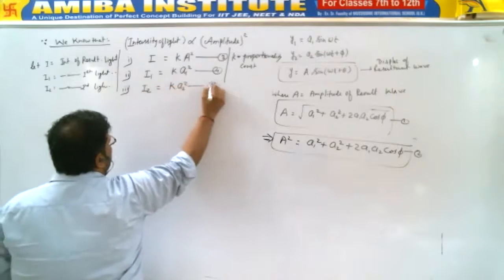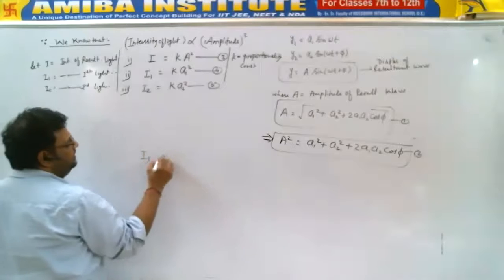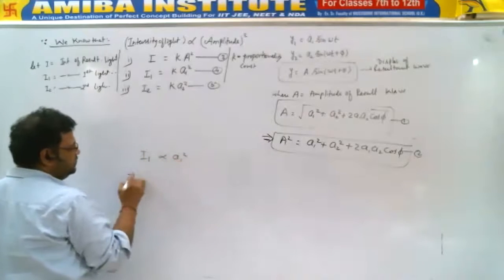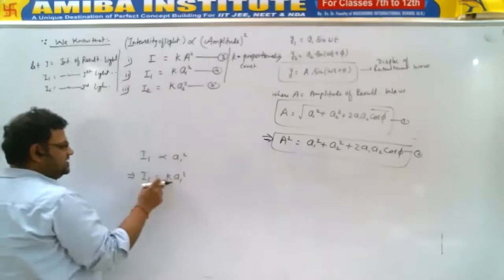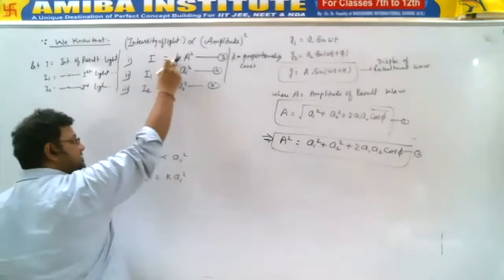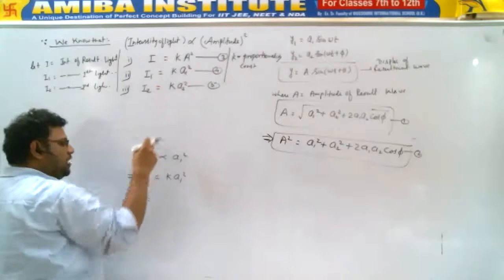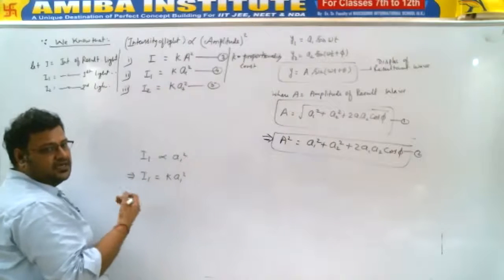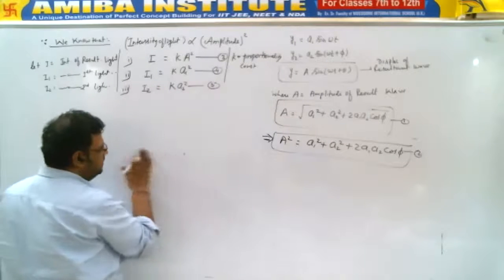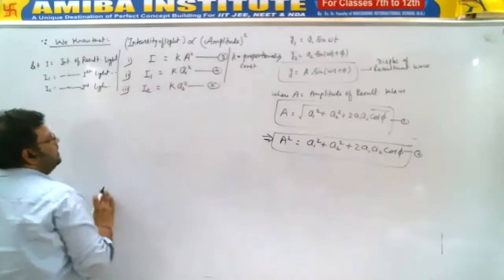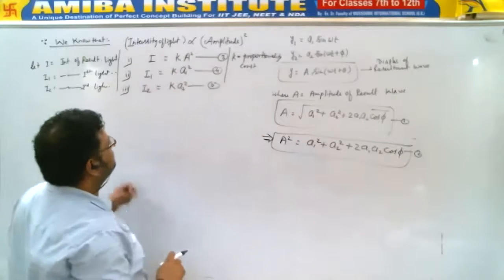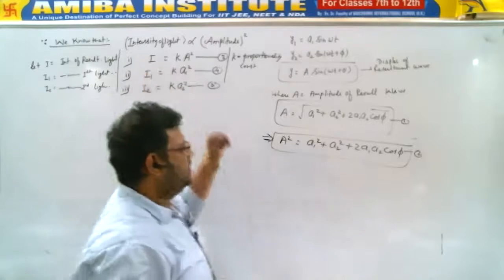If someone is still confused how it comes, I1 is directly proportional to A1 square; the proportionality sign is removed and K comes, since K is the proportionality constant. This K and this K and this K are all the same K, because we are dealing with a similar kind of concept. So K should not change. So I is equal to K A1 square plus K A2 square plus 2 K A1 A2 cos phi.